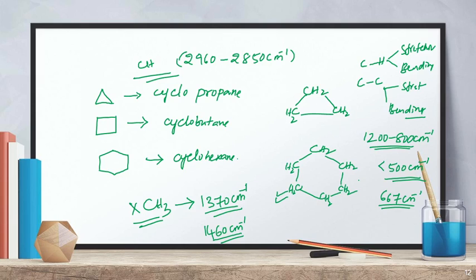By seeing the values, you can find the compounds and their nature, whether it is a straight chain alkane or a branched alkane. If it is branched, whether it has a tertiary butyl group or an isopropyl group. Depending upon the absorption peaks, you can find out the nature of the alkane.